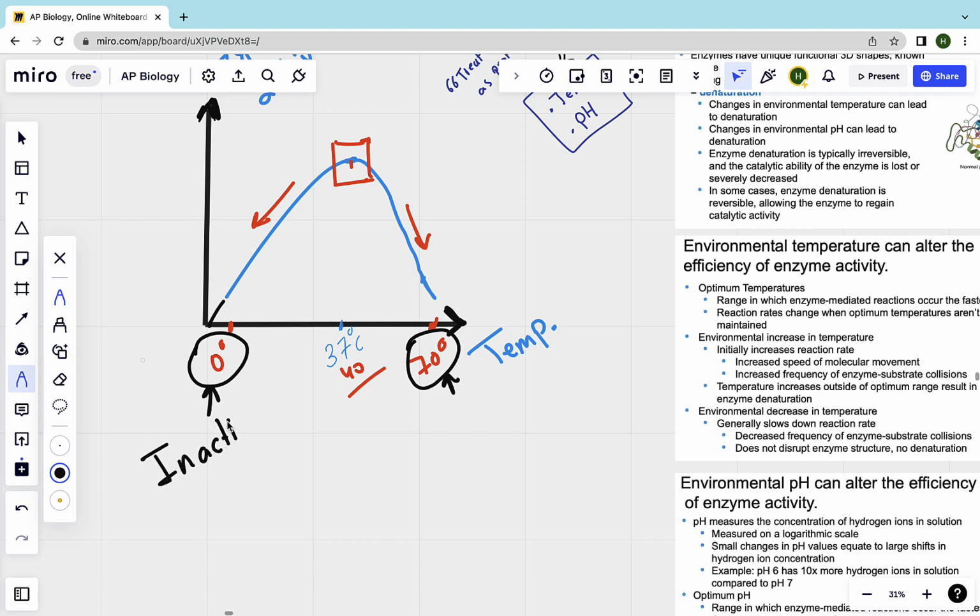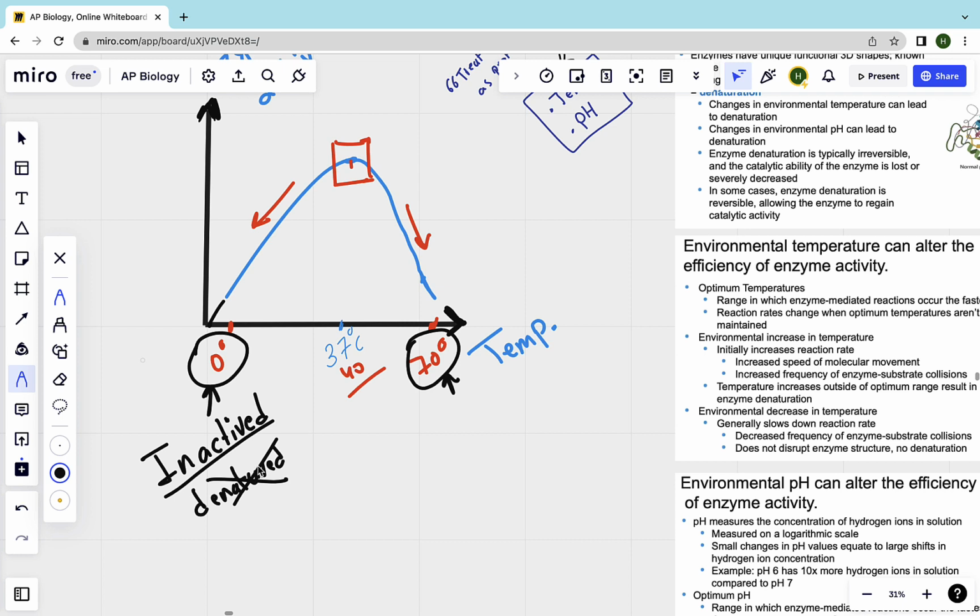It stays in the same shape, so it's not denatured. Think of preserving food in the freezer for 10 days; it will still have the same shape. So, if I return that enzyme from freezing point to optimal temperature, will it work?